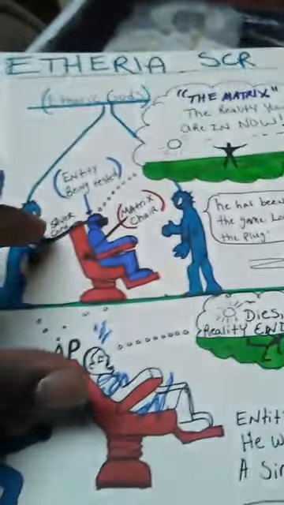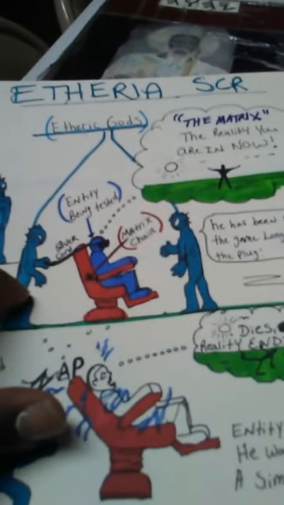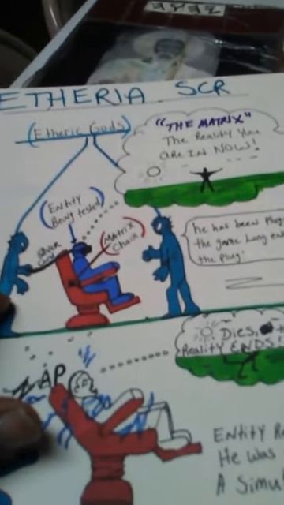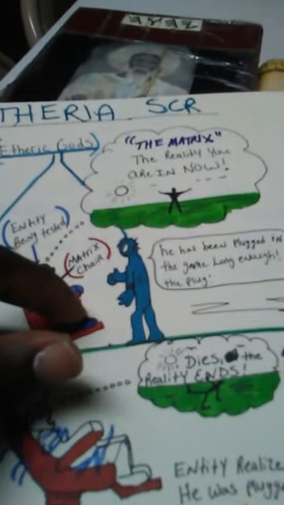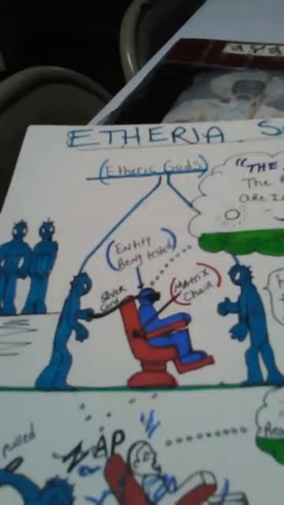And what these etheric gods are doing, they're trying to see, can you pass this virtual game? They're trying to see, can you score a good grade on this virtual game, which is this reality that you live in. So be cautious and be careful how you live this reality, because if you fail this reality, you're going to have to answer to the etheric gods.